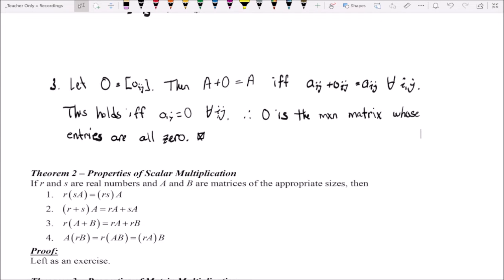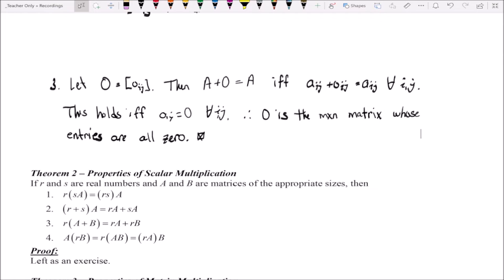Second property, (R plus S) times A is equal to R times A plus S times A. This says that scalar multiplication of a matrix distributes across real number addition. Third property, R times (A plus B) is equal to R times A plus R times B. Right?